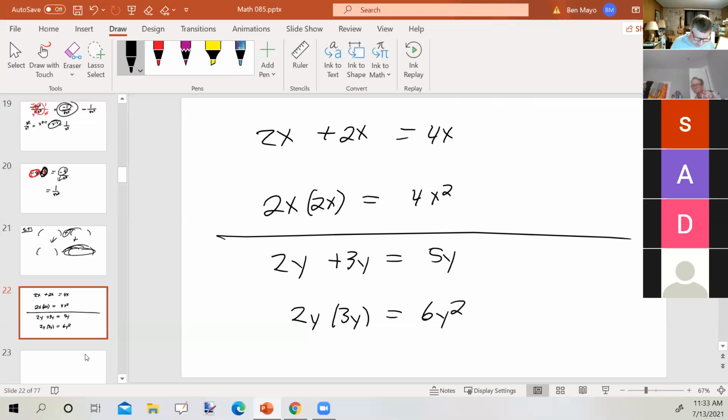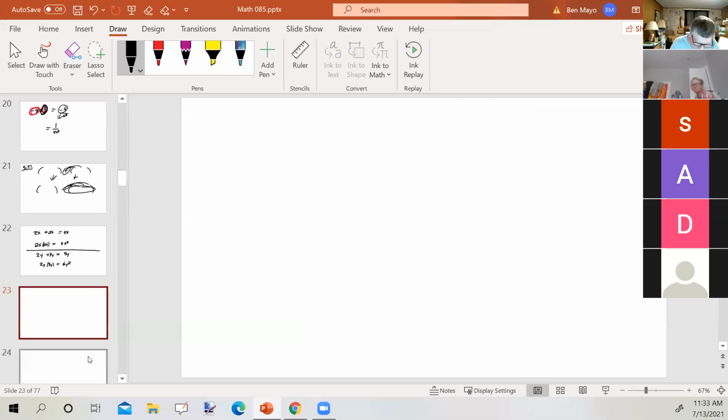And then multiplying polynomials, 5.6. So again, what I just talked about, multiplying is different from adding or subtracting. Just this whole idea of FOIL. Let's say you've got 3x minus 4 times x plus 5.